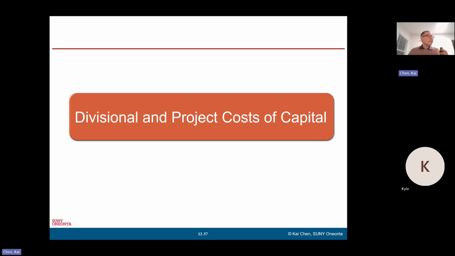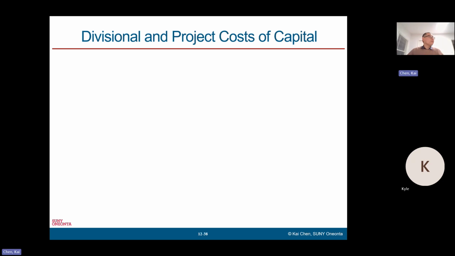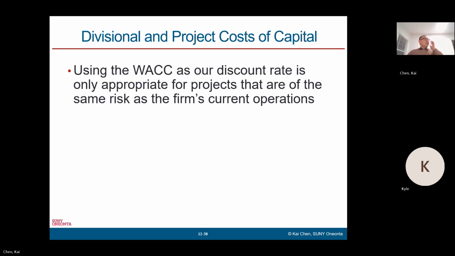Okay. So generally speaking, in capital budgeting, we can use the WACC as our discount rate of capital.